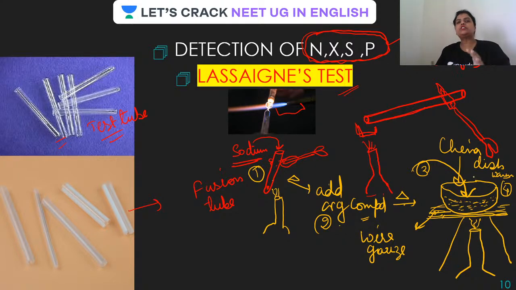To ensure dissolution of whatever compound is formed with the sodium into water, so that whatever compound we have formed so far is not wasted. It should be extracted completely with water.